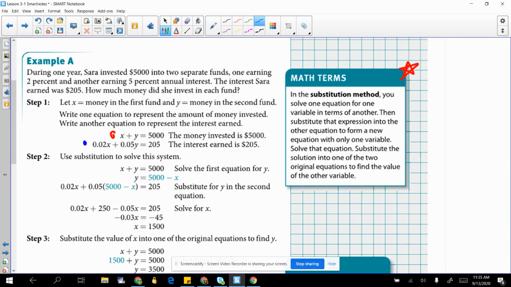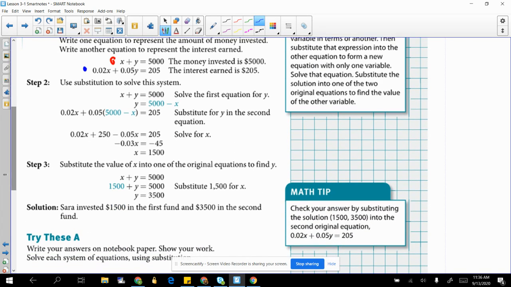And then we also know that she earned, so here, let me underline, and she earned $205 in interest. So since all three of those parts are talking about the interest, those are going to go in an equation together. Okay, cool.